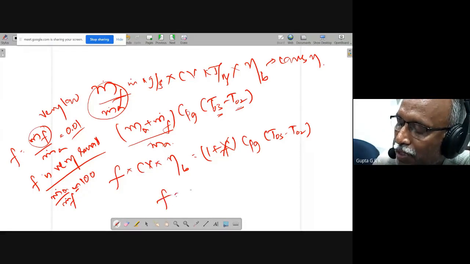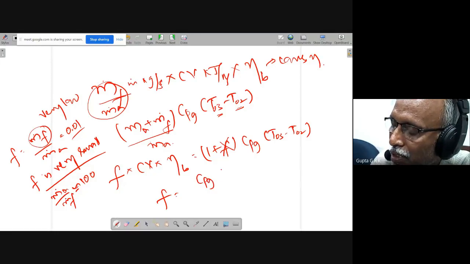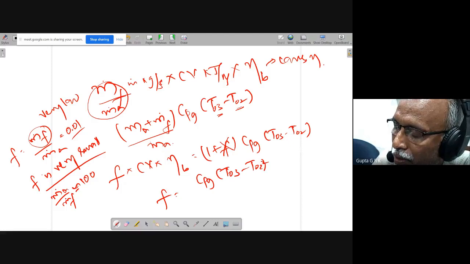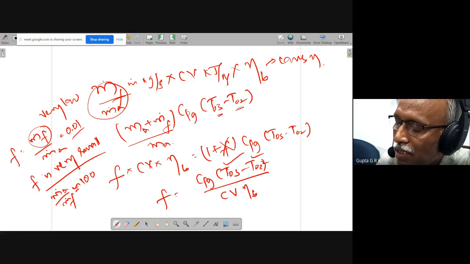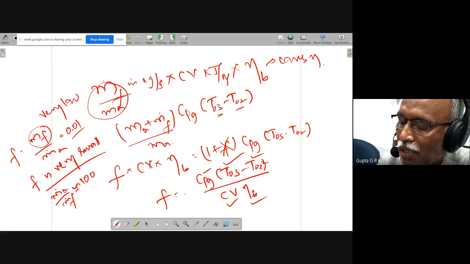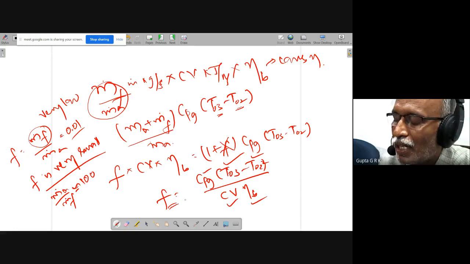So f is equal to CPG into T03 minus T02 by CV eta B. So these are known from the cycle calculations. Calorific value and eta B are the data. CPG is known. I can find out fuel air ratio.